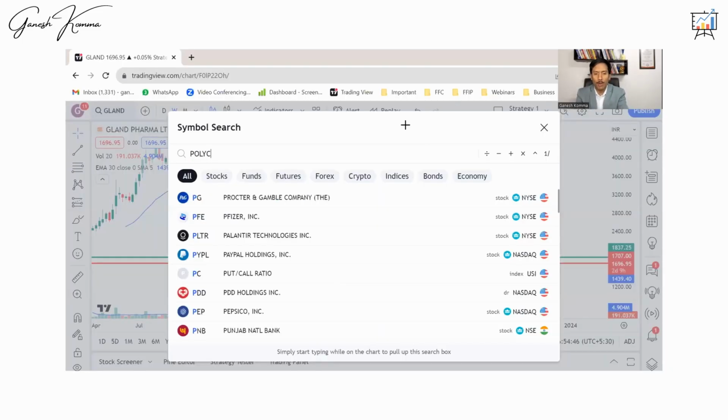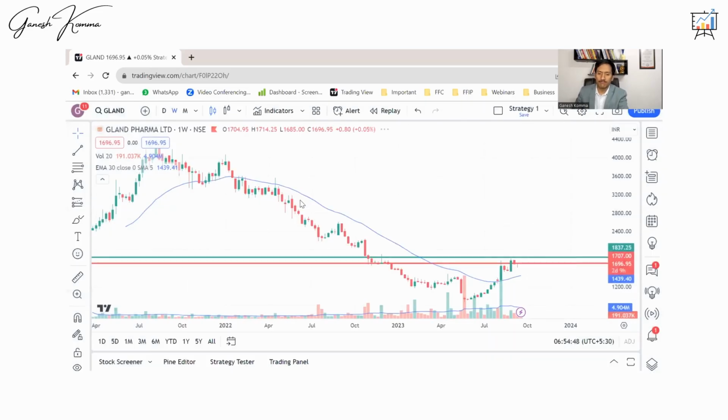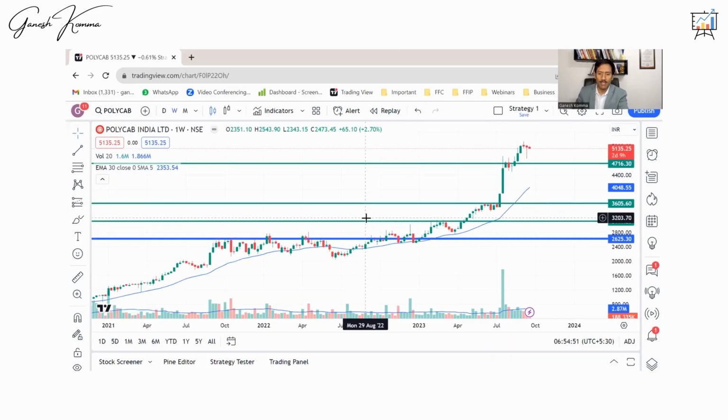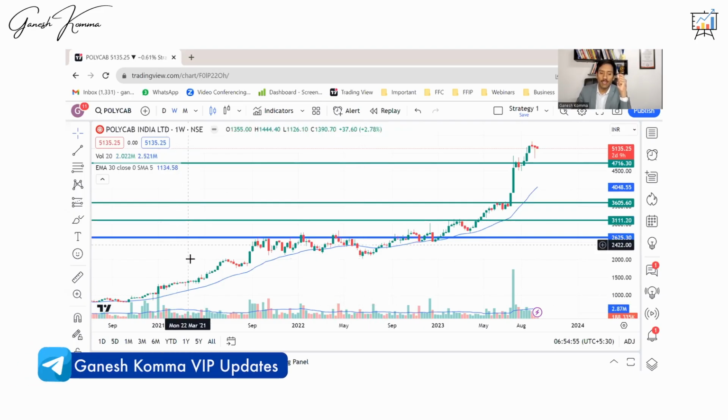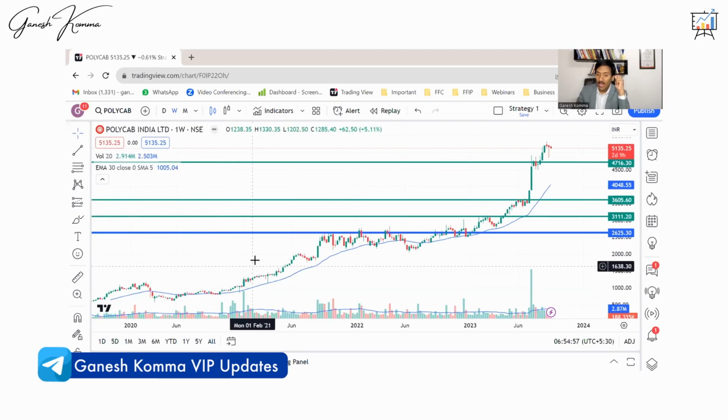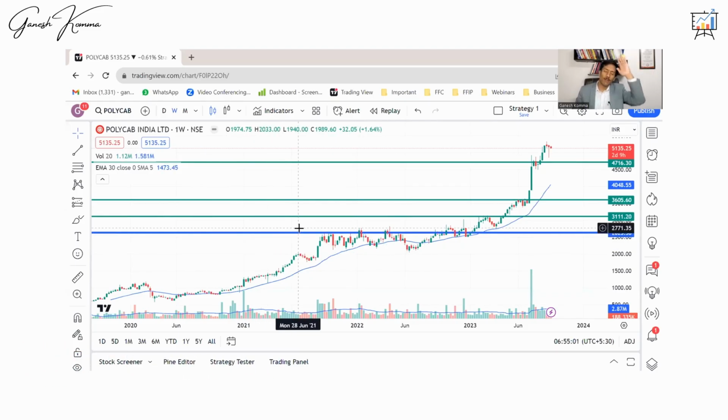Many examples. For example, let me take Polycab India Limited. If you have been following an EMA 30, wherein, sir, yes, I have been in your community a couple of weeks, a couple of months, a couple of years, and I have heard this from you and I have followed this.